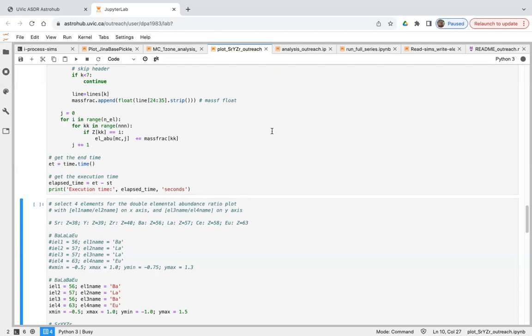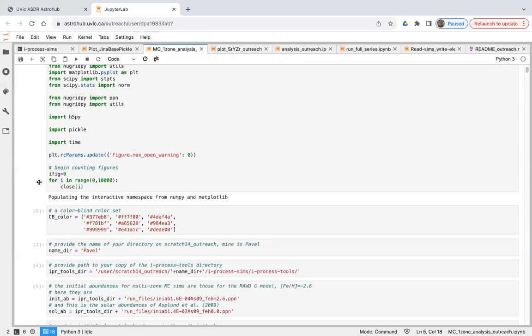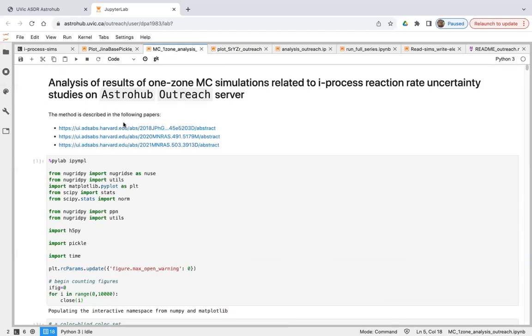While this cell is still being executed, let me switch to the notebook that does a detailed analysis of Monte Carlo results. Let me point your attention at the beginning of this notebook. It is named MC1 Zone Analysis. Don't forget to use notebooks with the suffix outreach.